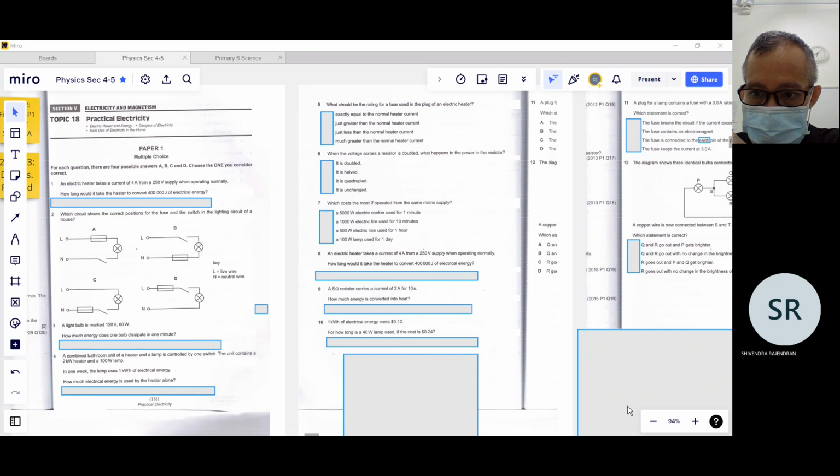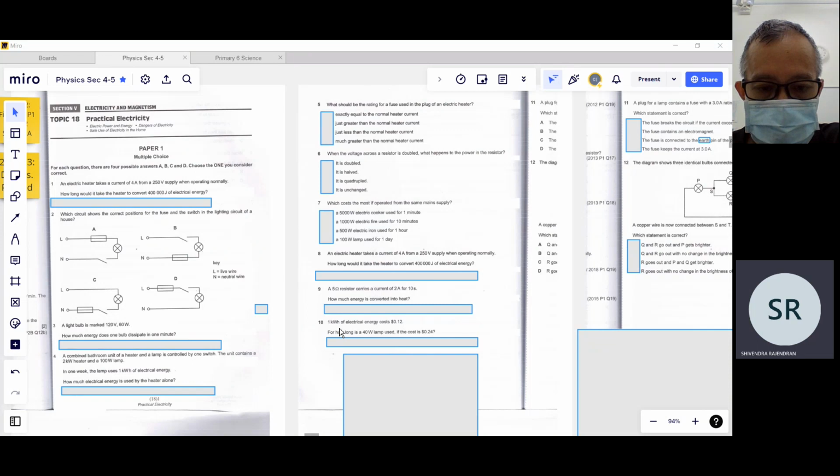This one color blue. Look at the mini place. Oh, the millimeters. Shivendra, check your WhatsApp. Okay.